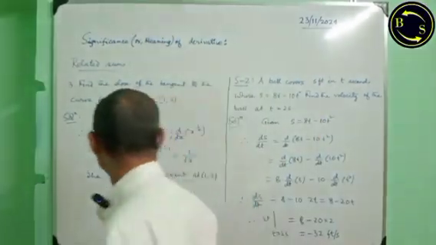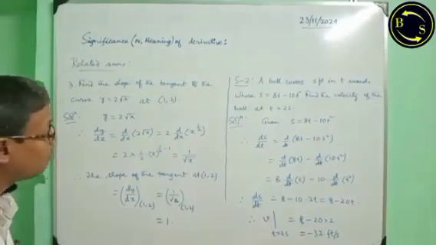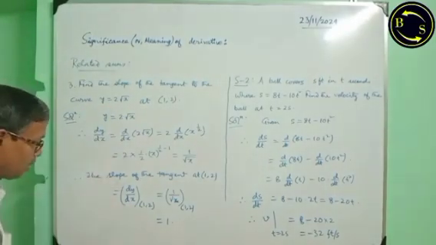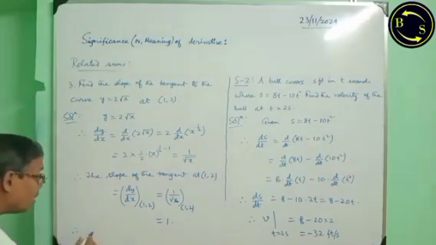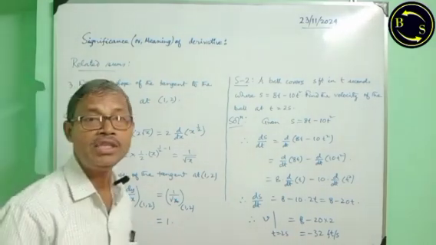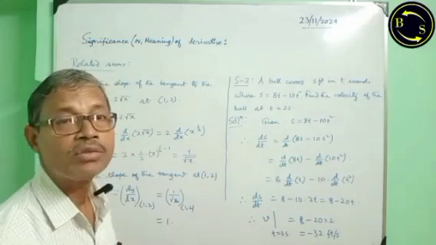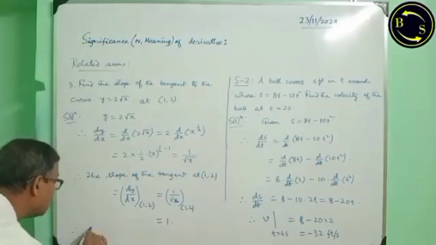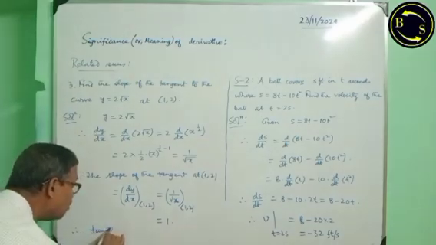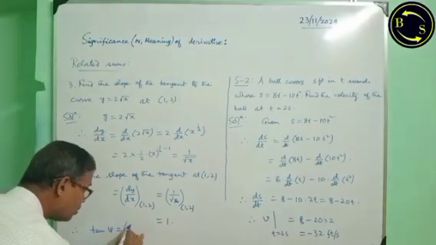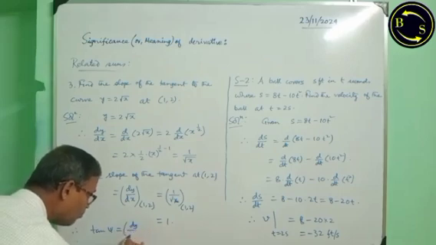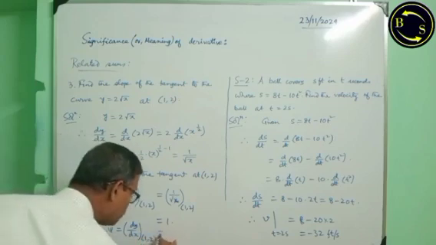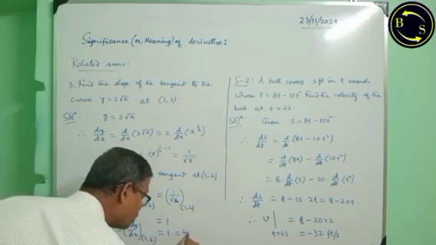It is required to find the angle of the tangent with the x-axis to this curve at this point. Therefore, already I have mentioned, if psi be the angle made by the tangent to the curve at the given point, then tan psi is dy/dx at the point (1, 2), that is equal to 1, means tan 45 degree.